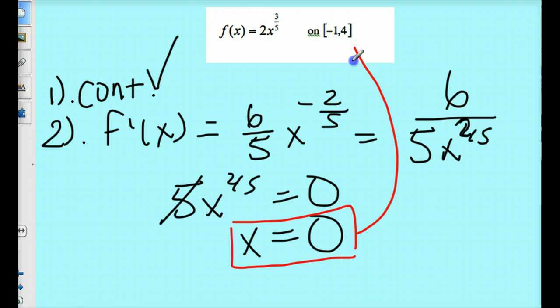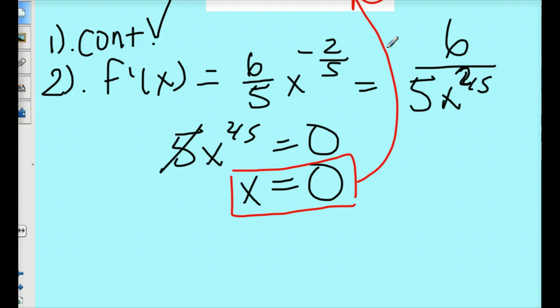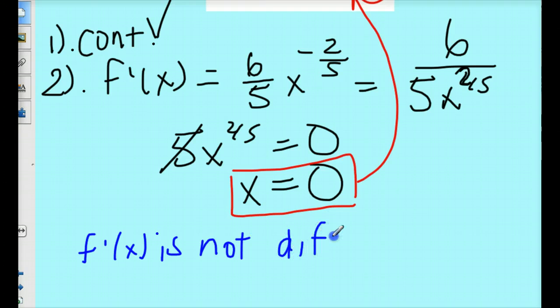And if you notice, our interval says I have to go from negative 1 to 4. So since 0 is part of that interval, we can say that f is not differentiable on negative 1, comma 4.